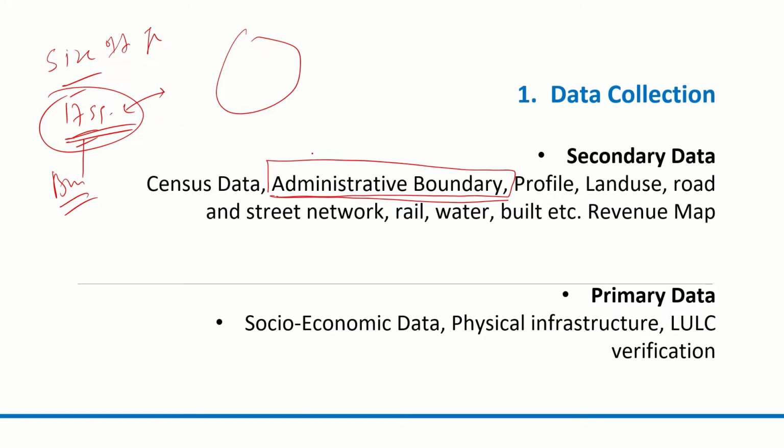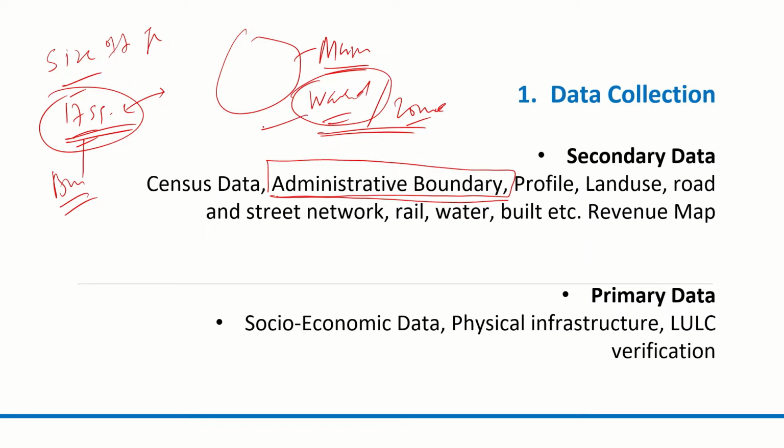This administrative boundary can be the municipal boundary, which should be one of the layers. Followed by ward maps or any other smaller scale zonal maps, this will help in identifying specific areas which we can focus on.